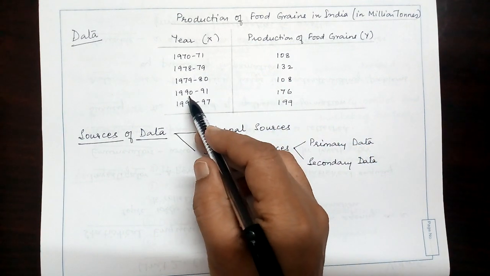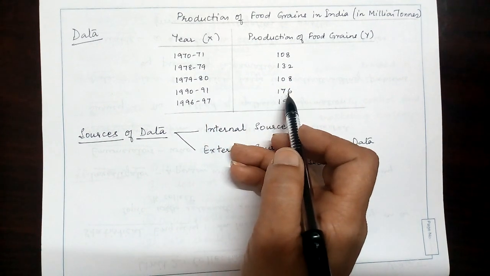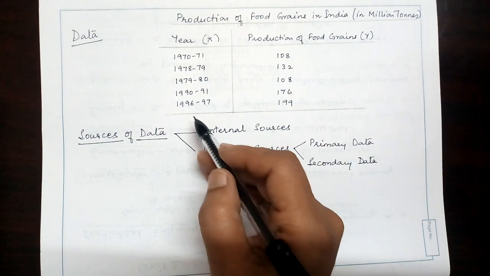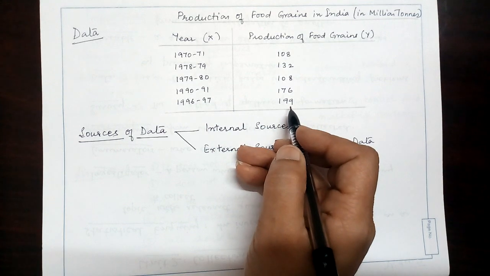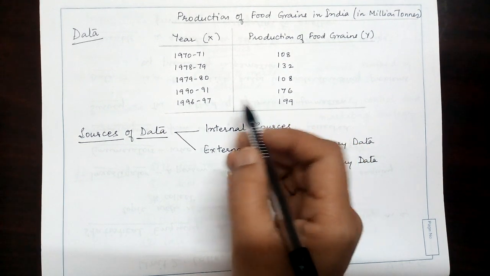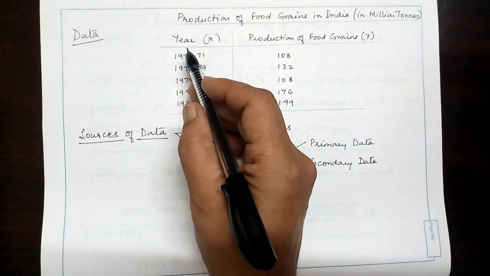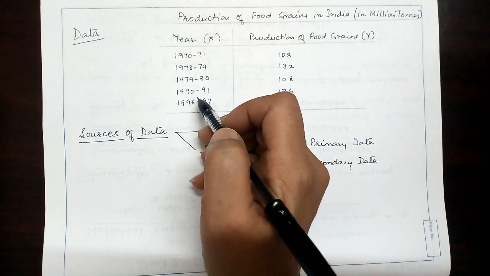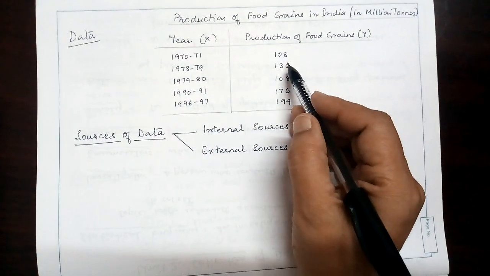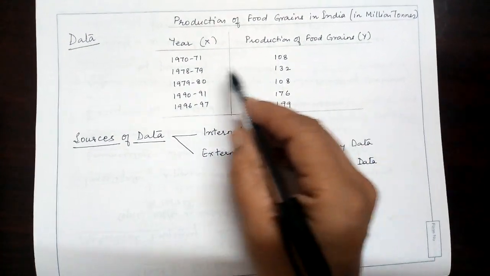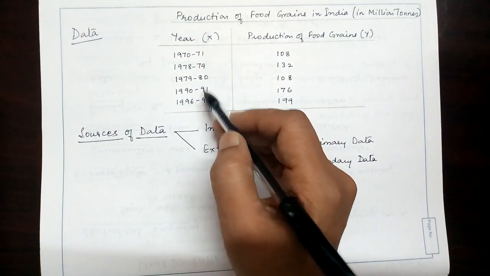The same in 1990-91 was 176 million tons, and that in 1996-97 was 199 million tons. Now in this case, year is something that keeps changing and hence is called the variable. And it is the production of food grains that also keeps changing from year to year.